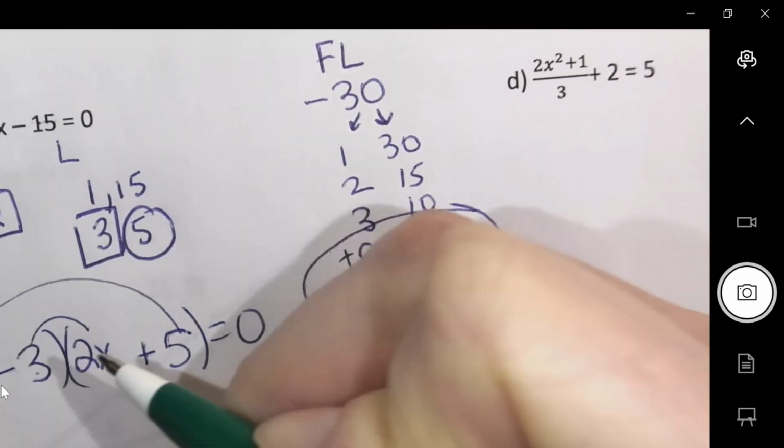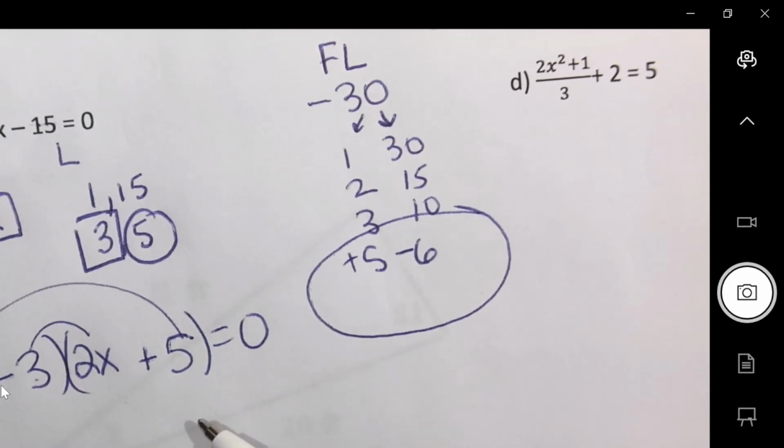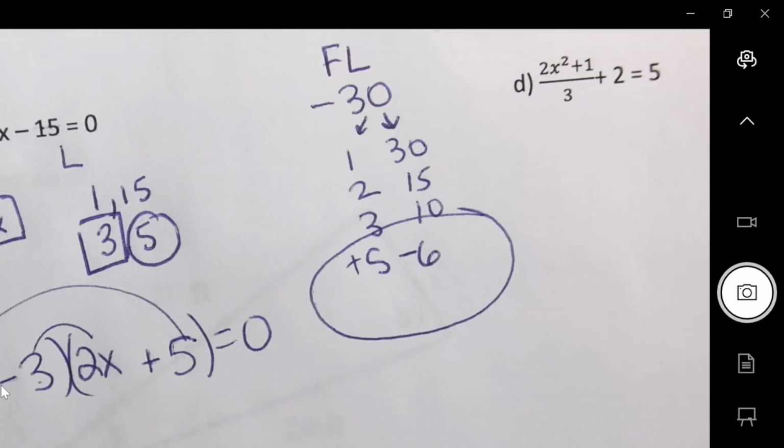And then the 2x with the 3 on the rainbow. Please make sure, if you are not 100% sure, or anybody could do this, but FOIL it out. You're good at multiplying it. So just FOIL it out. Does it make your original?